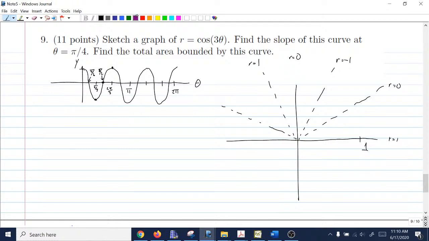So we need to start at 1, decrease down to 0, keep decreasing to a negative 1 here. So at pi over 2 is where we're going to reach our -1.